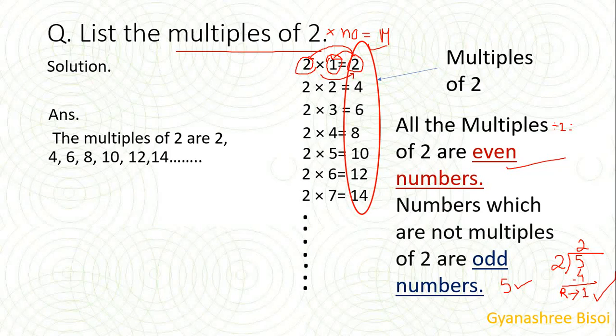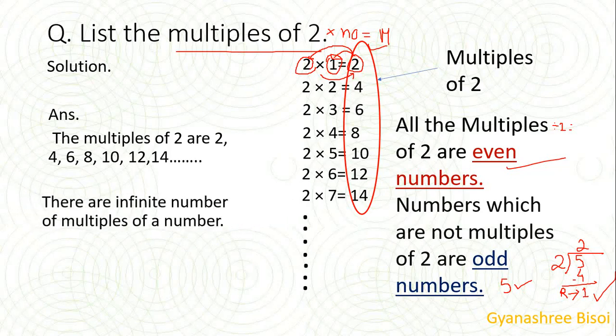And the conclusion is there are infinite multiples of 2 because we can multiply a number by endless numbers and get its multiples. That's why there are infinite multiples of a number. Right? Hope this is clear.